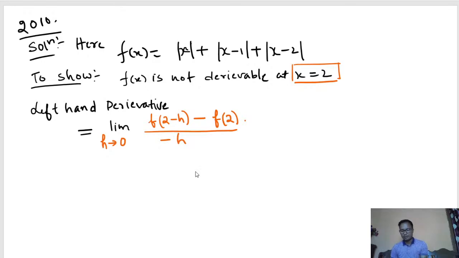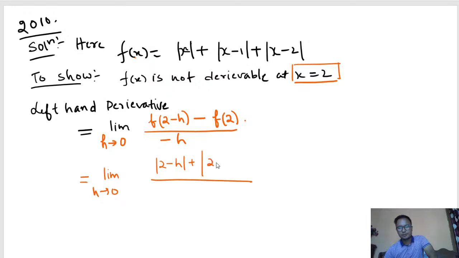Now we take the limit h tends to 0 of f of 2 minus h. Wherever there is x we will put 2 minus h. So this will be 2 minus h plus 2 minus h minus 1 plus 2 minus h minus 2, and minus f of 2.